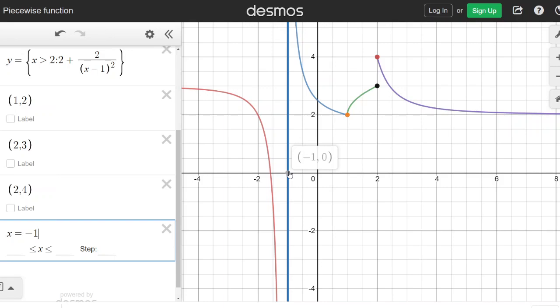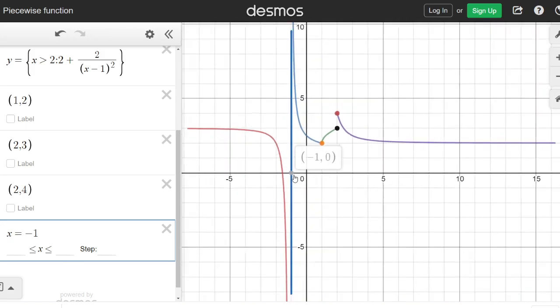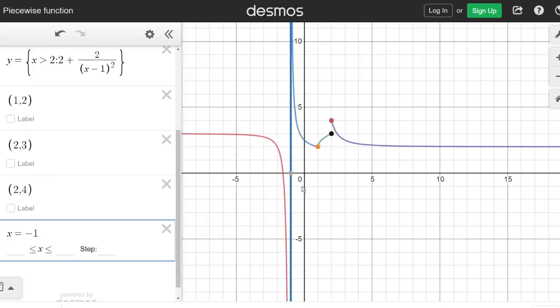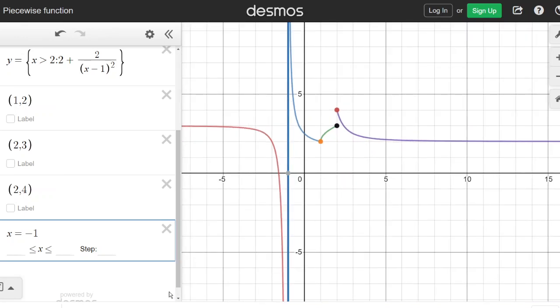I was adding it to show you this line is a vertical asymptote. Using the graph of the function, anybody want to tell me the value of the function at -1? At this number? Undefined. The function is undefined at -1.